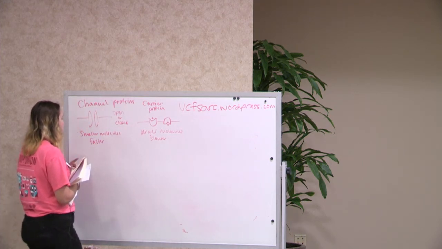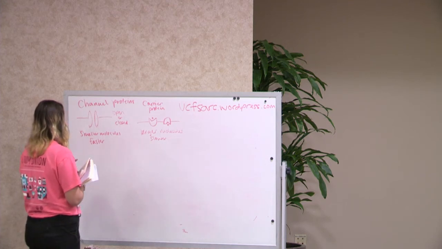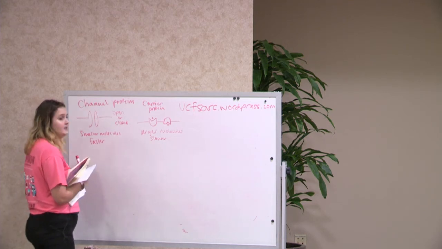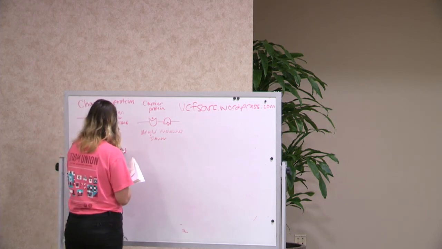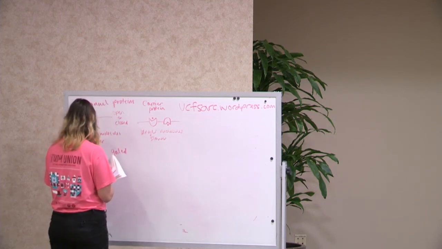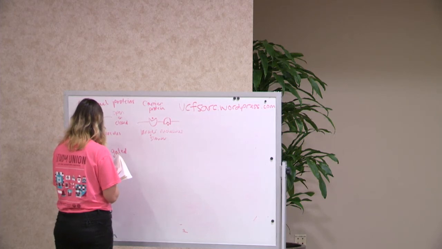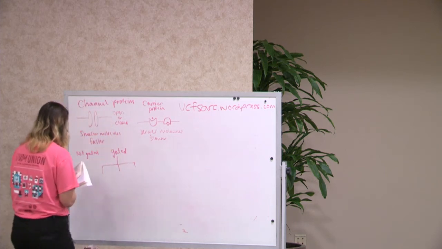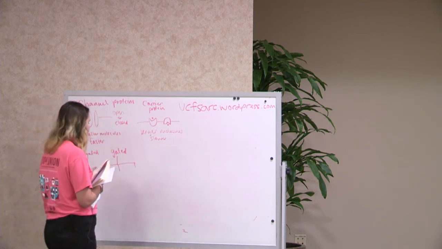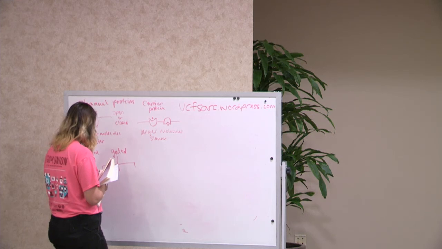You have open and closed channel proteins, and you also have gated and not gated. Under gated, you have an example of 3 types of channel proteins. You have voltage gated, which we talked about with action potentials.